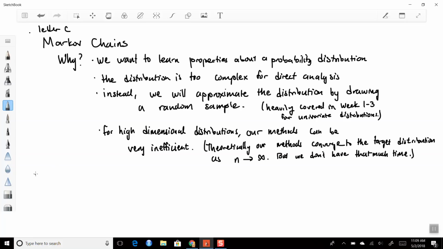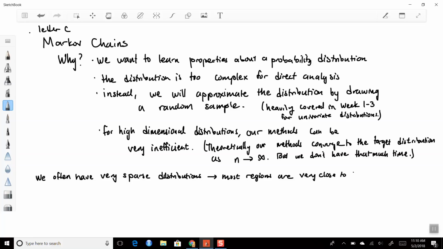Okay, so we often have, and I think I've already talked about this already, very sparse distributions, okay? Which means most regions are very close to 0, and only a small region has values of interest.